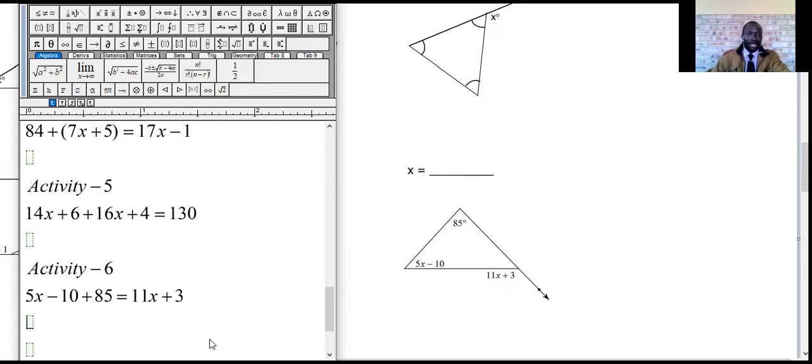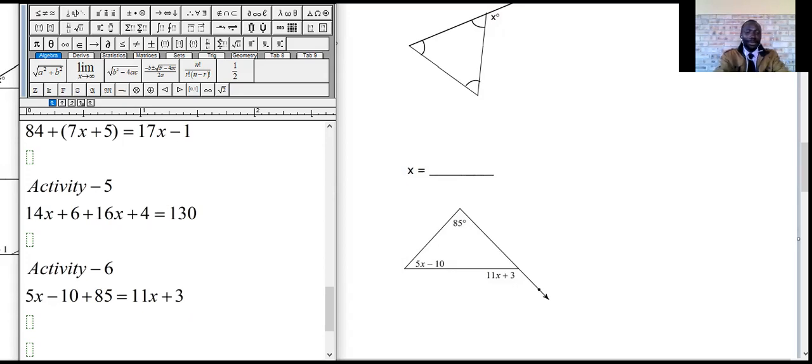This means we are going to transfer 11x onto the left-hand side to this 5x, then everything else, this 10 and this 85, will be moved onto the right-hand side. Remember, we could also transfer 5x onto the right-hand side so that we put 5x close to 11x, then transfer 3 onto the left-hand side. The answer must be the same.